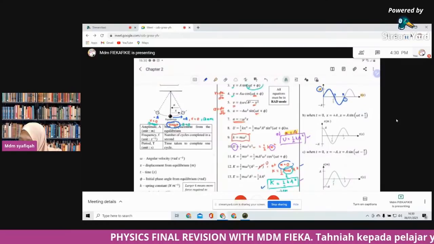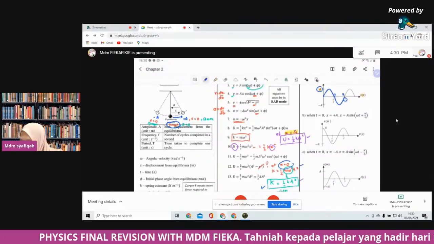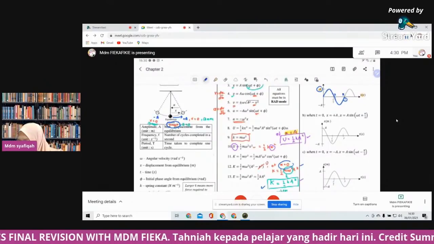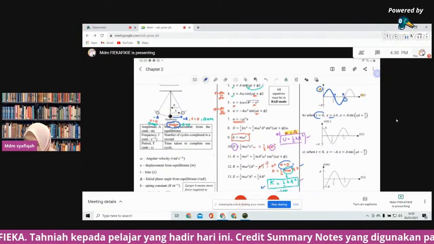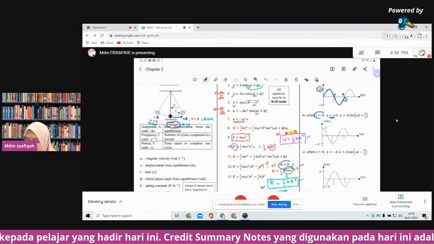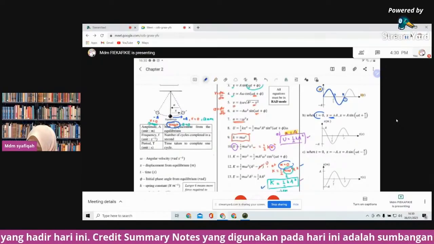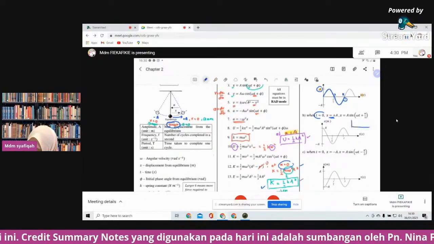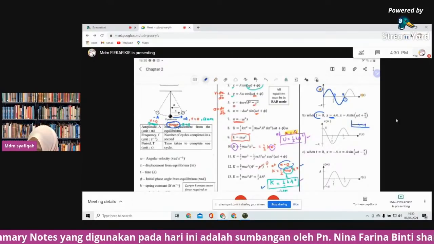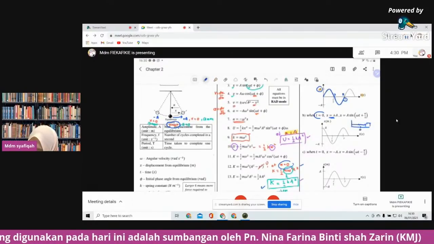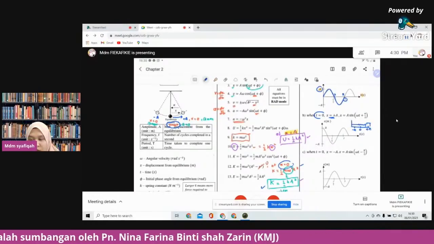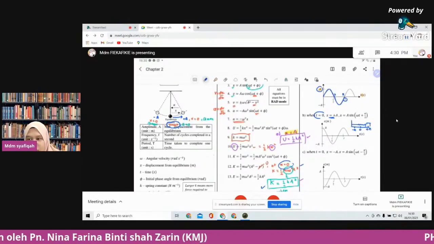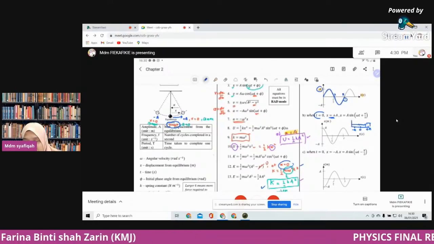Okay. So now let's say this one is the phase shift. Okay. Let's say at T is equal to 0, the object is start from positive A. Kan? Kalau you ada spring, macam ni kan? O, negative A, positive A. Maknanya you tarik dulu sampai positive A and then you release the spring.